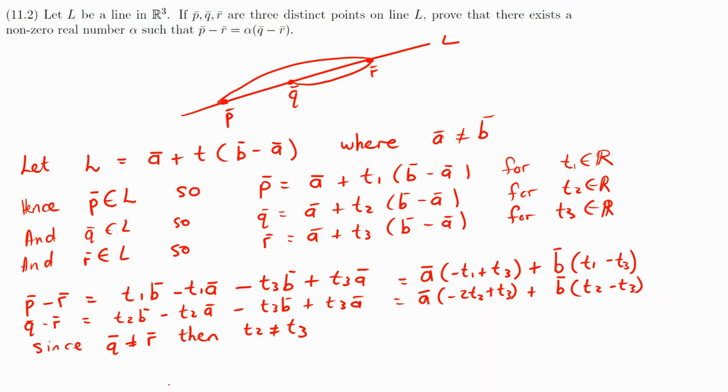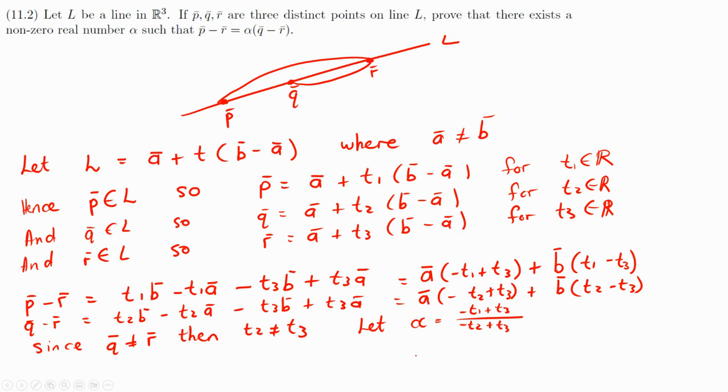Now let alpha, so this thing here in front, be equal to this relationship: minus T1 plus T3 over minus T2 plus T3.